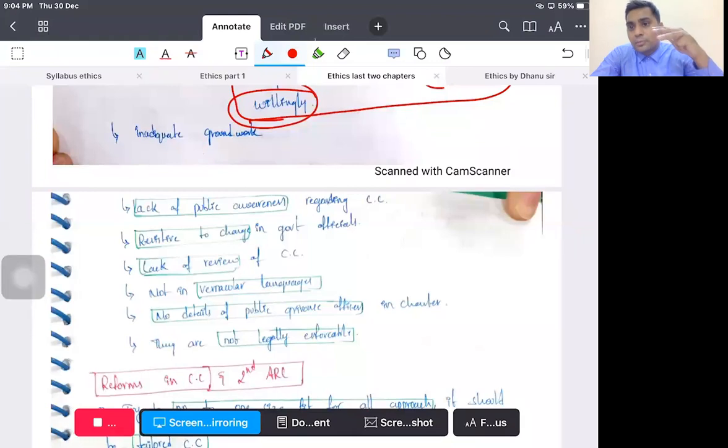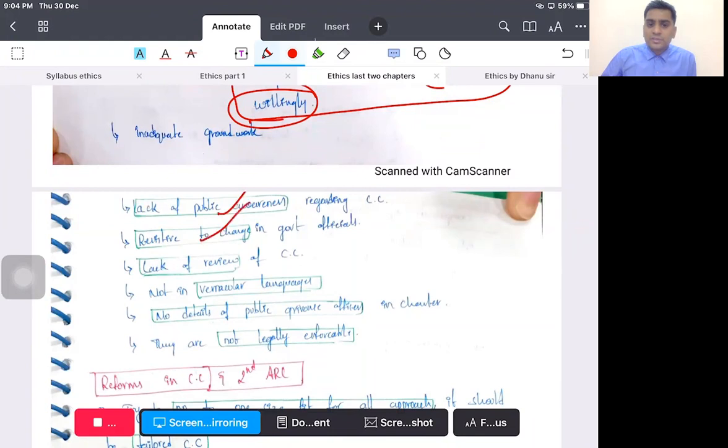Rather, it is made by the top people and then it comes to the bottom. Fifth, even after making the charter, they place the board somewhere in some storeroom which is not visible to the public. And anyway, people do not have the information. They do not have awareness about this, right?